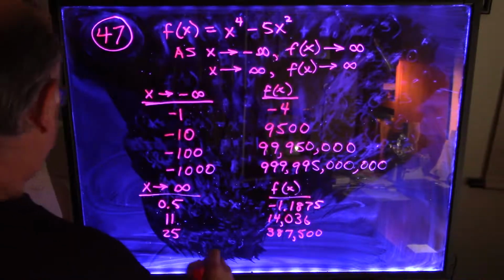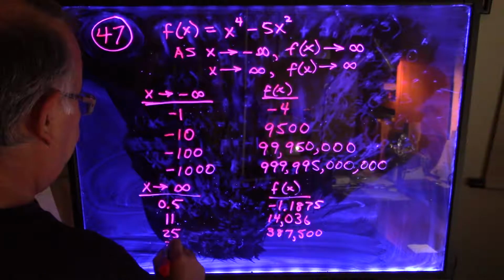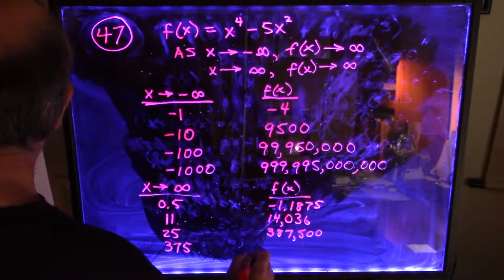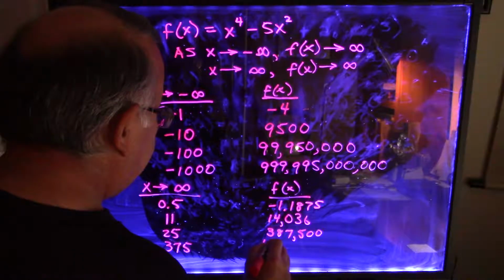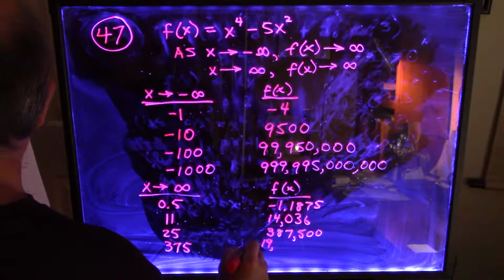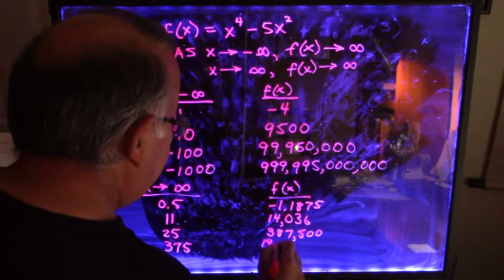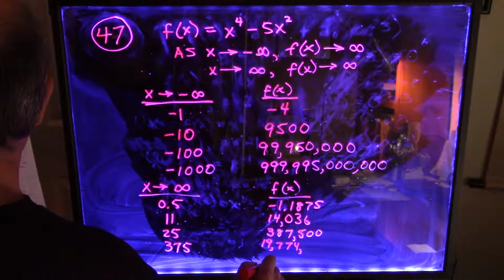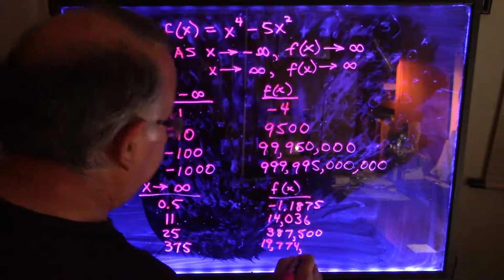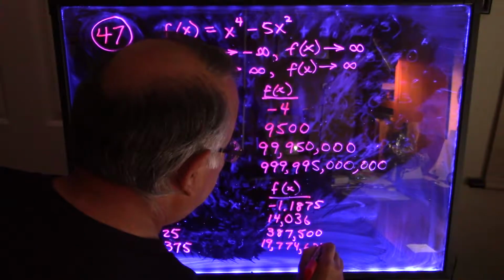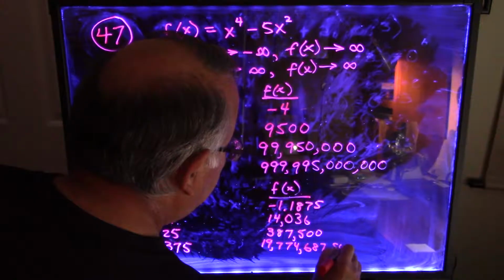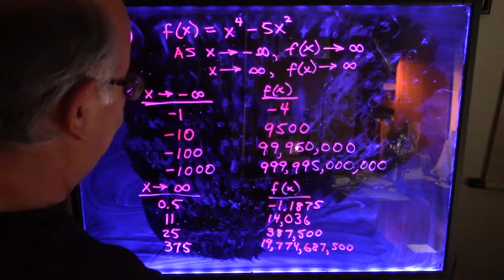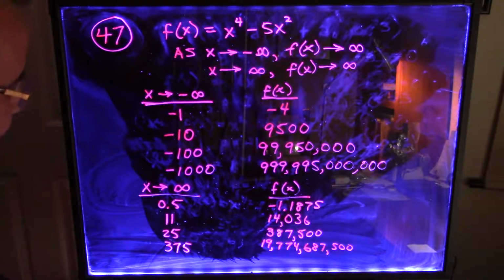Let's do one more. If x is 375, f of 375 is, let's see, 19,774,000,000. So you can see the trend. The trend is going to positive infinity as x approaches positive infinity.